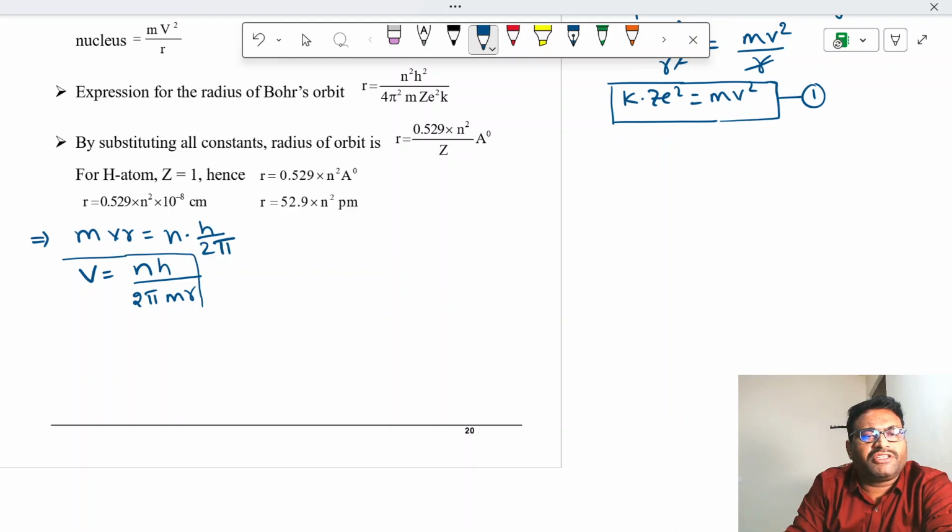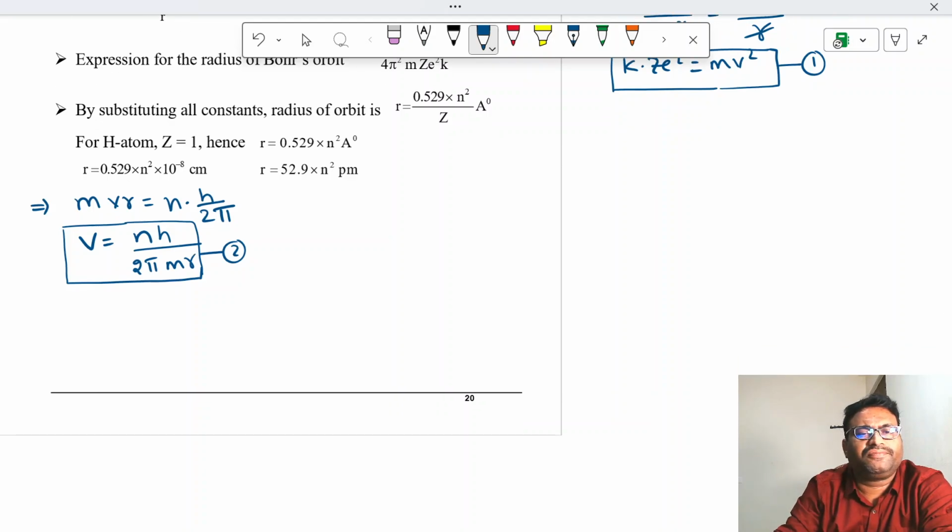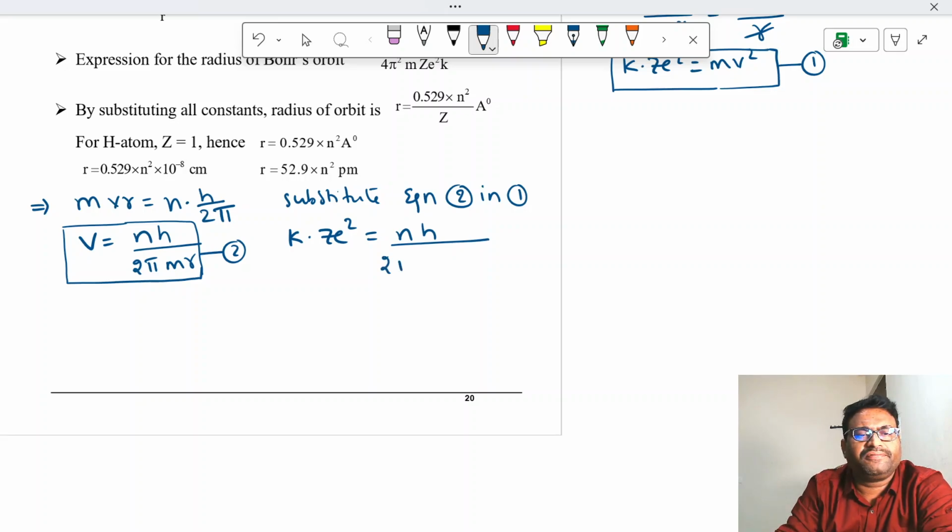Let it be equation number 2. Then substitute equation 2 in 1. When you substitute it, what do you get? K into Z square is equal to nh by 2 pi.